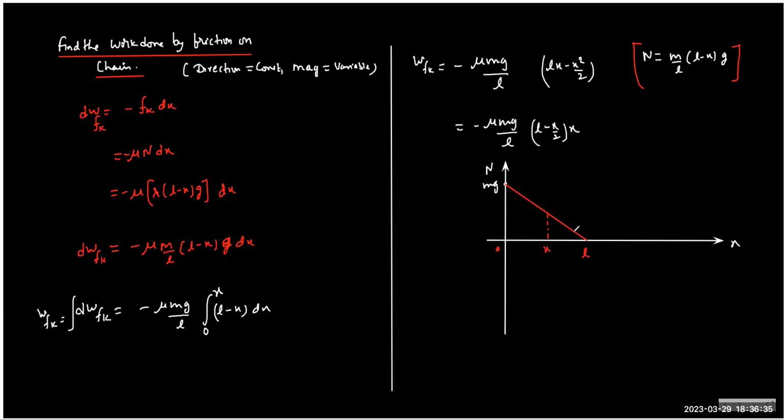So when it is x, how much is this value? Let's put N. And you can use the similar triangle. And this is the angle theta. So tan theta in a small triangle is how much? Normal upon L minus x.